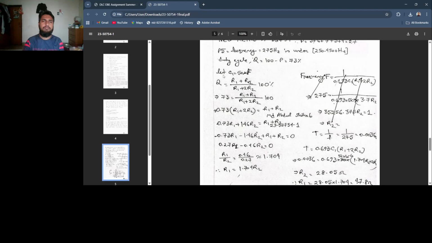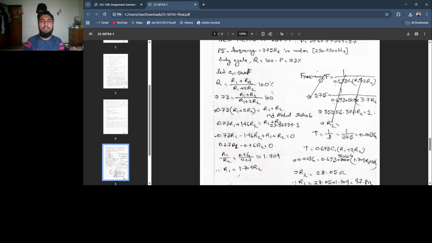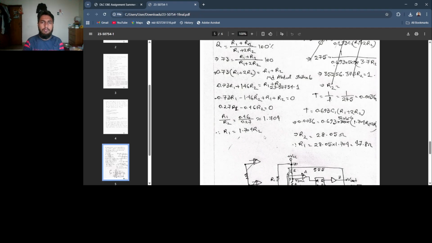Then I assume 50 microfarad for my equation, and I mainly get the R1 and R2 values.